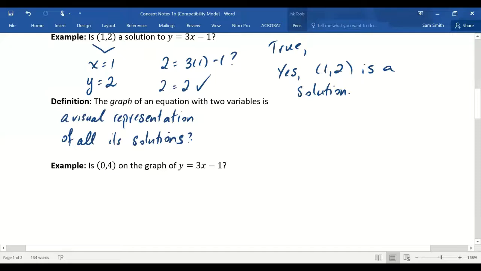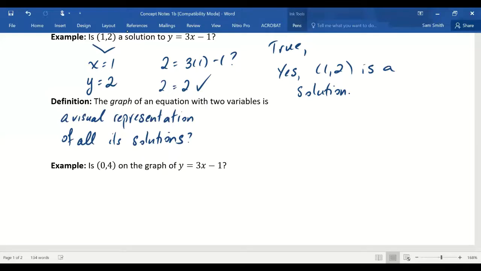So for example, a point like 1, 2 would be on the graph of y equals 3x minus 1, because 1, 2 was a solution to that equation.